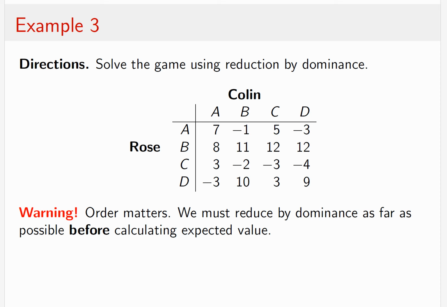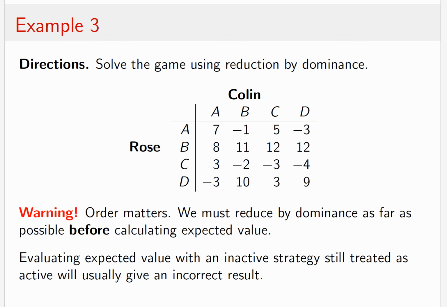There may be no reduction by dominance possible, but we check before we calculate expected values because the expected value calculations will be thrown off by including inactive strategies. Otherwise, we're going to make a mistake. What do I mean by inactive strategy? I mean in the final assessment, Rose will only play B because everything else is dominated. So these three, A, C, and D, are inactive strategies.